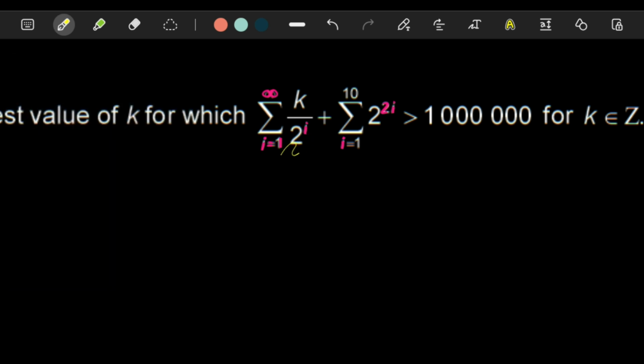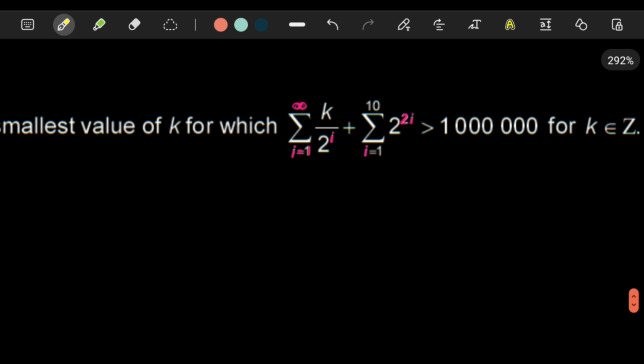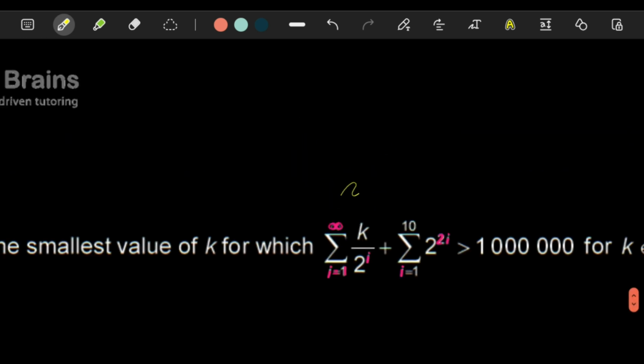The one thing I can safely say is: be able to break down your expressions, because anything with an infinity symbol here is going to be a geometric sequence, or a geometric series, whether you like it or not.